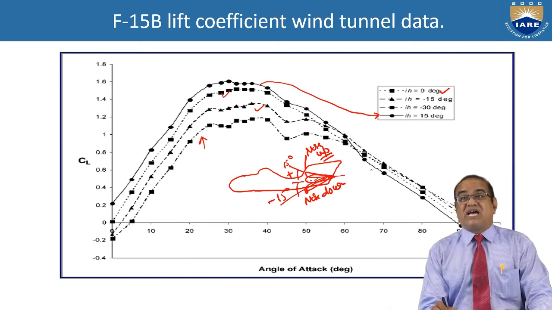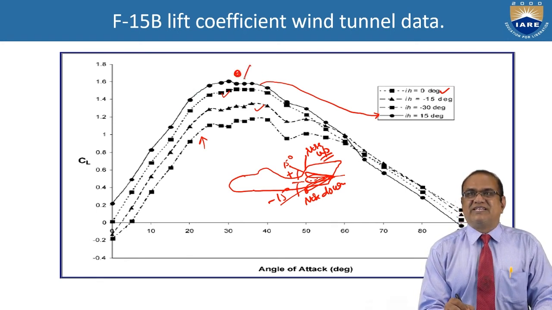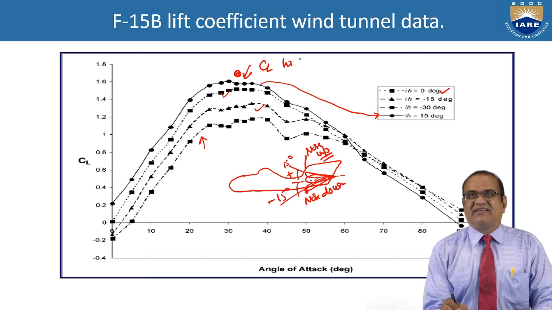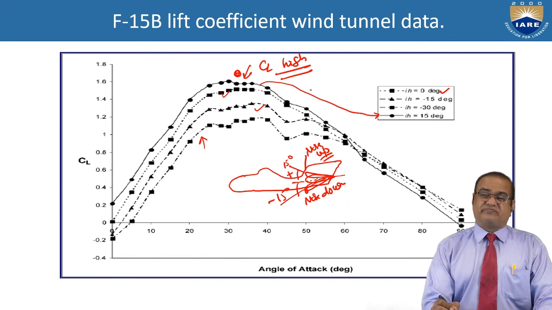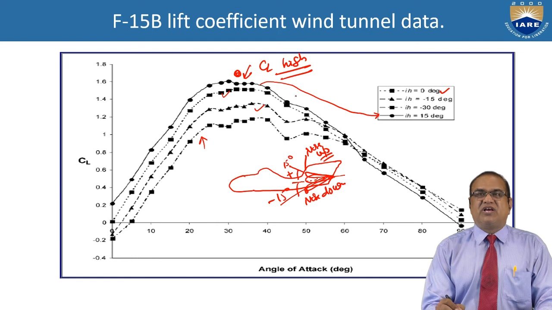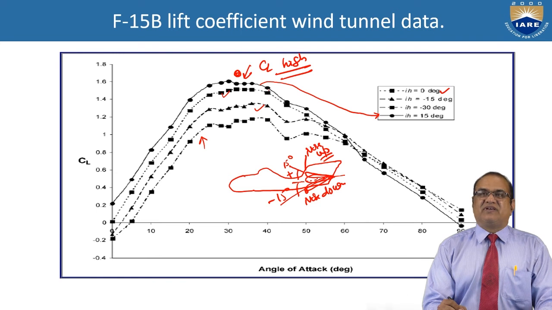So if the nose is up, a huge amount of benefit you are going to get. This plot CL will be high. So if you want to make your aircraft more efficient, you should place your tail in such a way that the angle of incidence should be positive, so that it will create a positive lift and aid the wing or total aircraft lift.